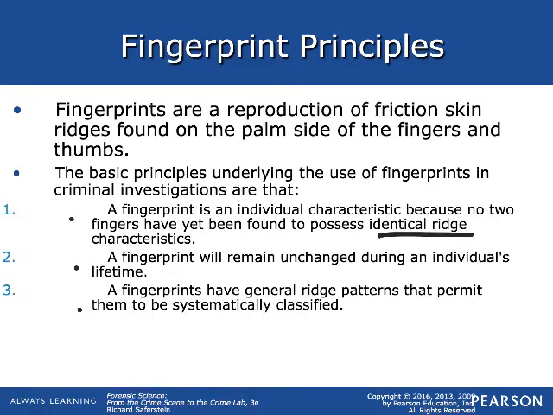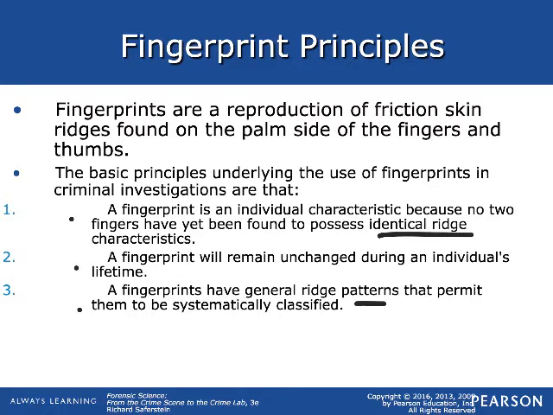Second, fingerprints don't change during your lifetime. They just get bigger. They don't change any other way. And third, they've organized them into general ridge patterns so that you can systematically classify them. So there's a way to organize them and compare them. So 1, 2, and 3.